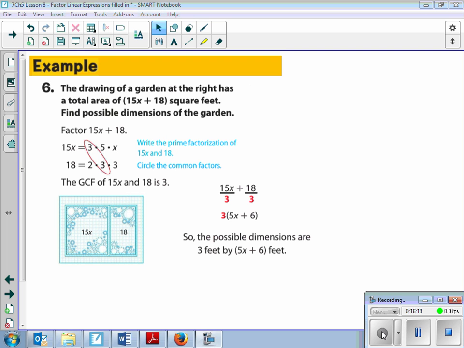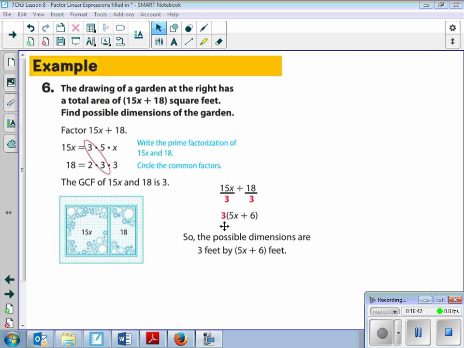So here, what is the GCF of 15x and 18? 3. So that is what we're going to divide both terms by. That number goes on the outside of the parentheses, and what's left goes on the inside.